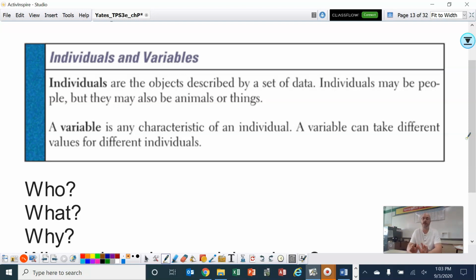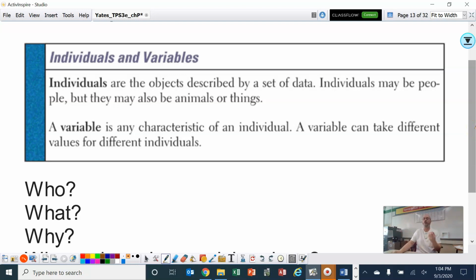A variable in this situation is a characteristic. A variable can take different values for different individuals, like eye color. That's a characteristic of an individual. Left-handed or right-handed, male or female.